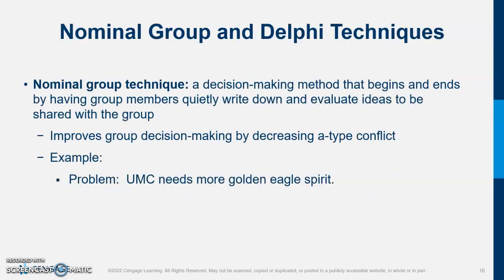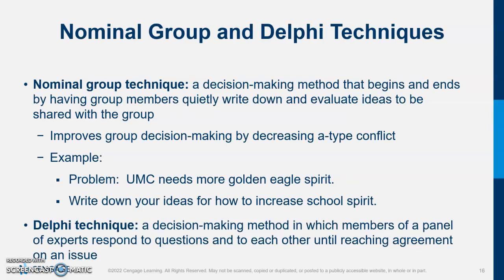And there are some ways to overcome conflict. I have an example here, but there's the nominal group technique, a decision-making method that begins and ends by having group members quietly write down and evaluate ideas. So we're all writing down our ideas. In this situation, you would write down your ideas, they would get shared, and then there'd be a discussion. So hopefully that would eliminate some conflict.